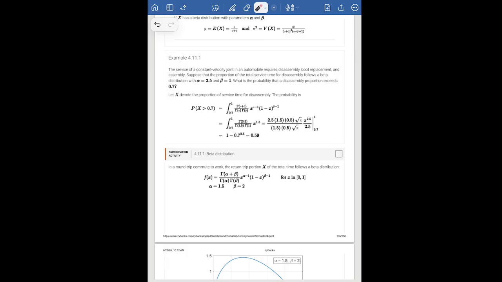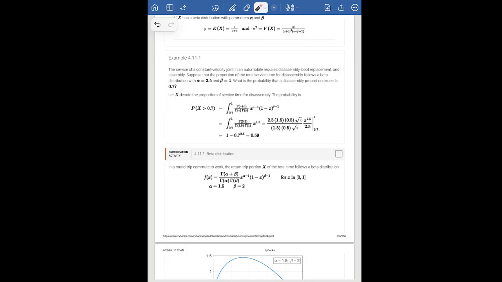Okay, well, if X is the proportion of service for disassembly, then this probability can be calculated going from X being greater than 0.7.